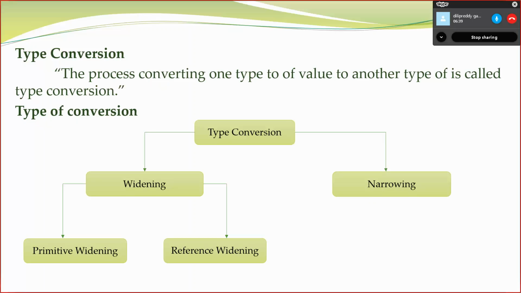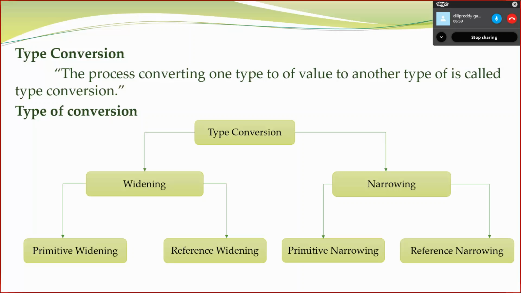So just see this diagram, this is a very important diagram. We have double, float, long, int, short and byte. Double's size is bigger than float, correct? Float and long have a bigger size than int. Do you remember the ranges we discussed?